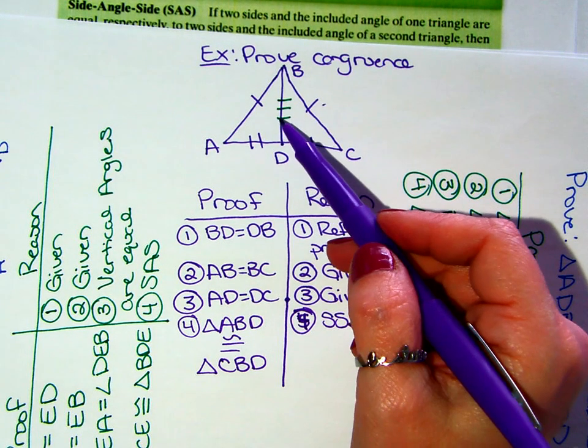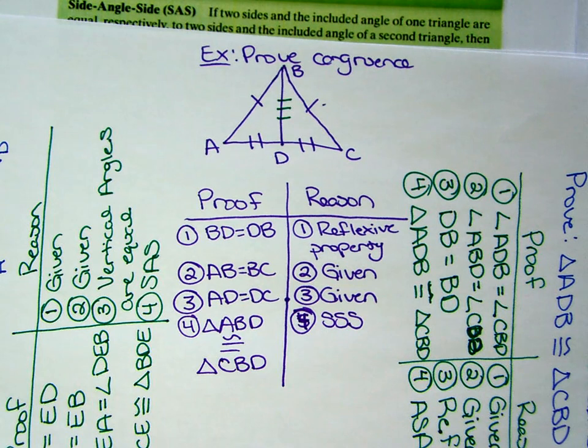Thus, we have 3 sides of our triangles that are congruent to each other, so we can say they are congruent. So we did one of each type, basically: a side angle side, an angle side angle, and a side side side. Are there questions on any of these, how we're using the information they give us, or anything like that?